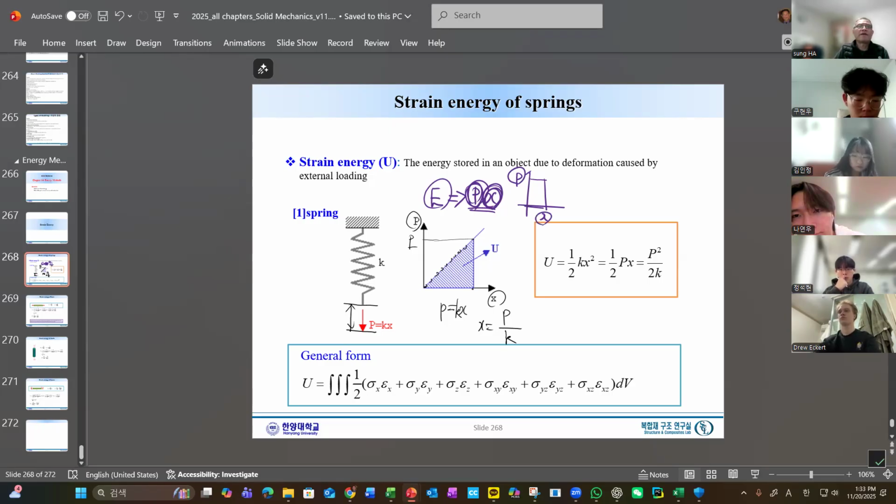So graphically, we like to define the energy as this much, P times x. So please remember this most fundamental, easy concept: energy is P times x, force times distance, right? At that time, P has to be kept constant.